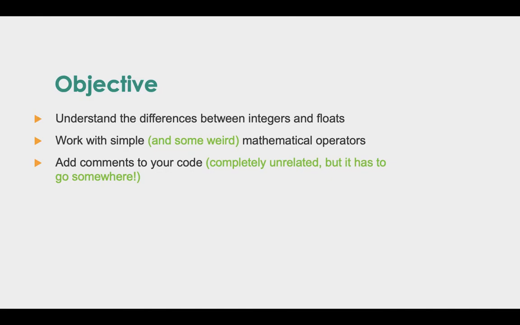So our first objective will be to understand the differences between integers and floats, work with some simple and some weird mathematical operators, and then add some comments to your code, right? Adding comments is completely unrelated, though.